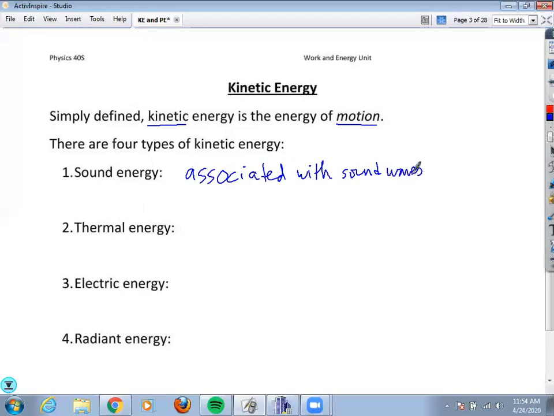Next is thermal energy. It's also known as heat. Electric energy is the energy that's associated with moving charges. And radiant energy is electromagnetic energy that radiates from a source.